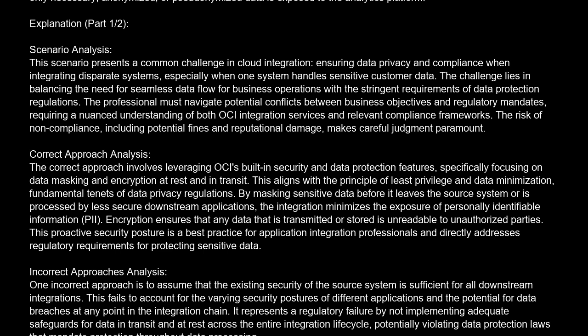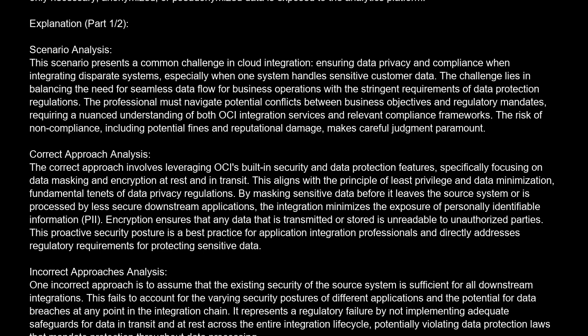By masking sensitive data before it leaves the source system or is processed by a less secure downstream application, the integration minimizes the exposure of personally identifiable information, PII. Encryption ensures that any data that is transmitted or stored is unreadable to unauthorized parties. This proactive security posture is a best practice for application integration professionals and directly addresses regulatory requirements for protecting sensitive data.